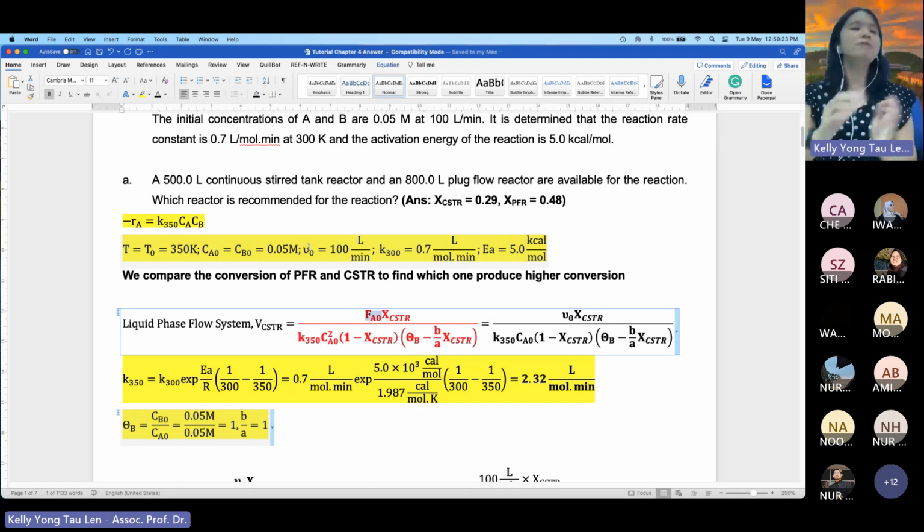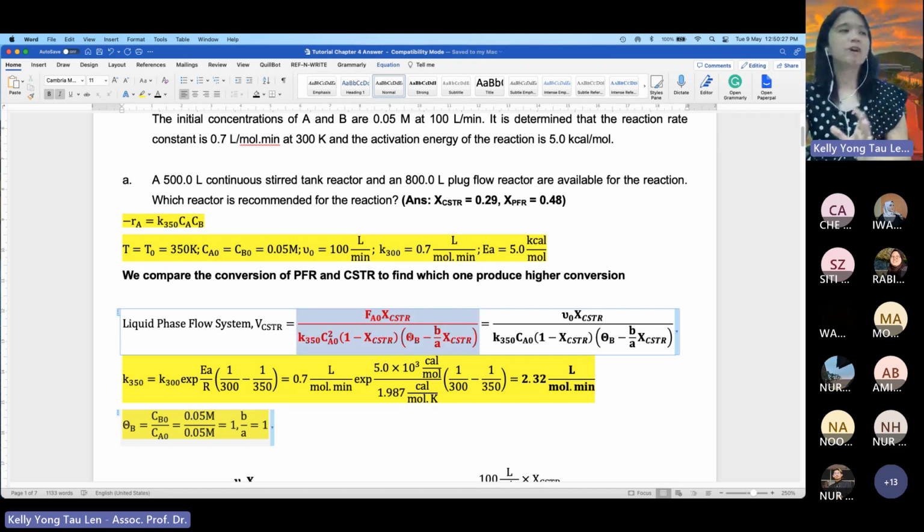The first approach, if a student wants to use this red equation, they can, provided they find FA0 first. They can find it because we have CA0 and epsilon naught. So it means you have to do extra calculation, finding FA0 first. Fine, that one also can. So we go down.